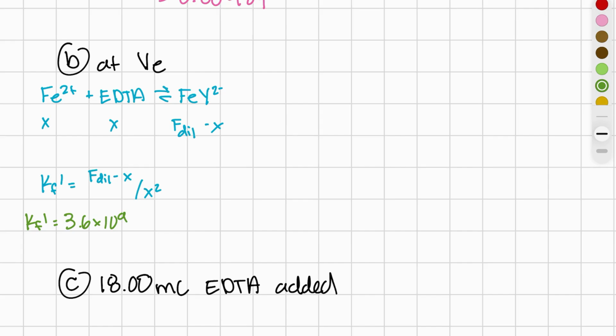So we just need to find this F diluted, which is going to be relatively simple. We just need to figure out the moles we have. At this point, virtually all of the metal that we have is in the form of FeY2-. So our moles of FeY2- is going to equal the moles of Fe2+ initially.